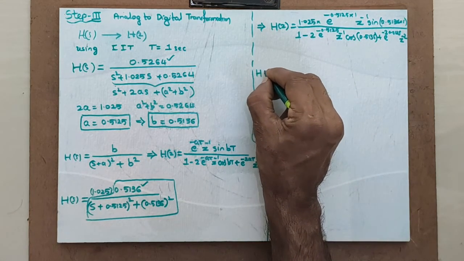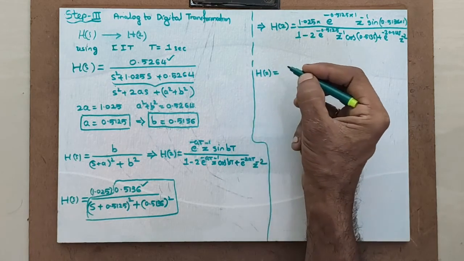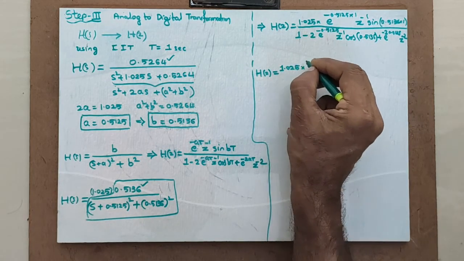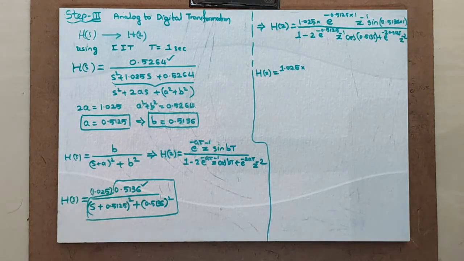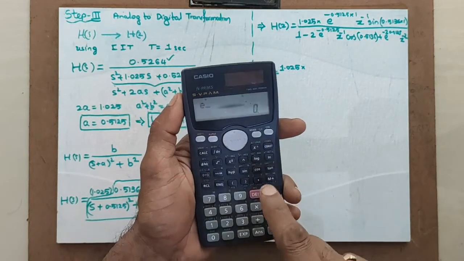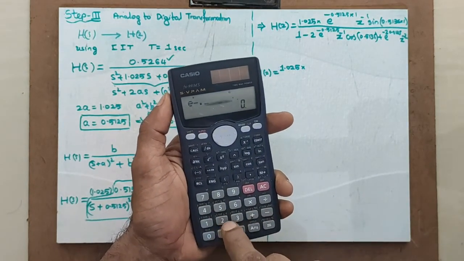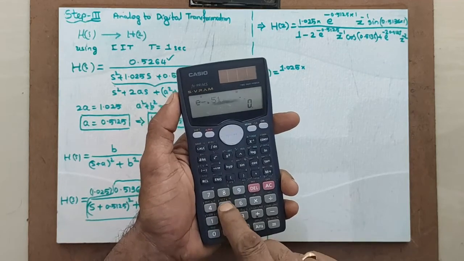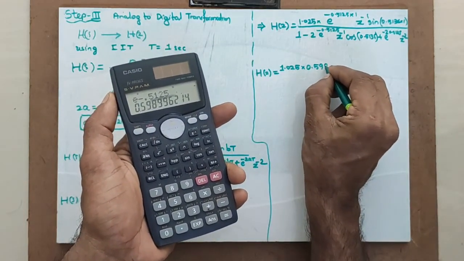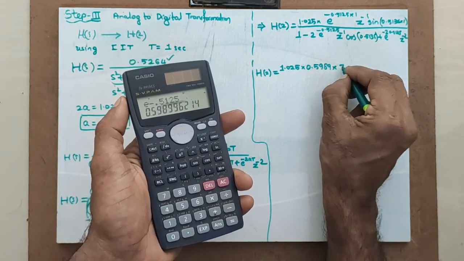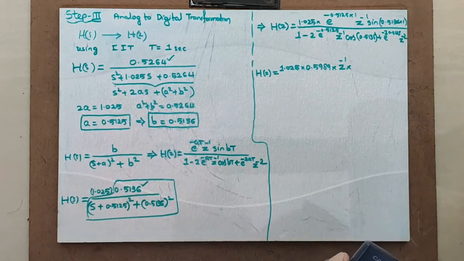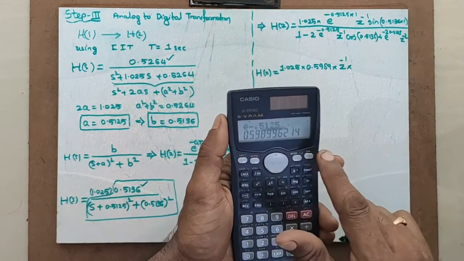I have to evaluate this and I should simplify this, that's all. H(z) is equal to 1.025 into e raised to minus 0.5125, which gives 0.5989, into z raised to minus 1 into sin bt.